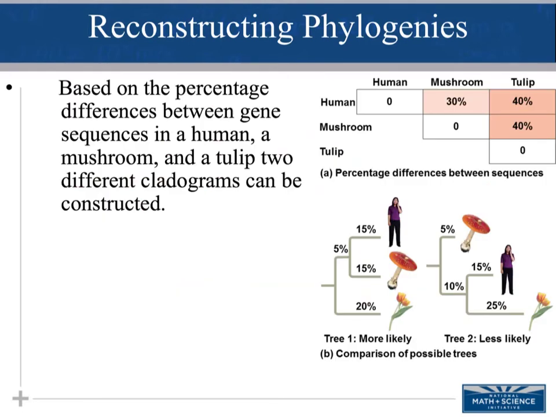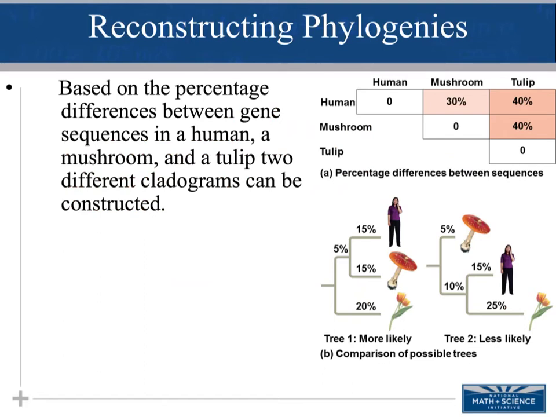So you're going to see this represented in a whole bunch of different ways, where you'll have a table, and that table will show the differences between however many organisms you're looking at for whatever trait you're looking at. Your tree should reflect your table.